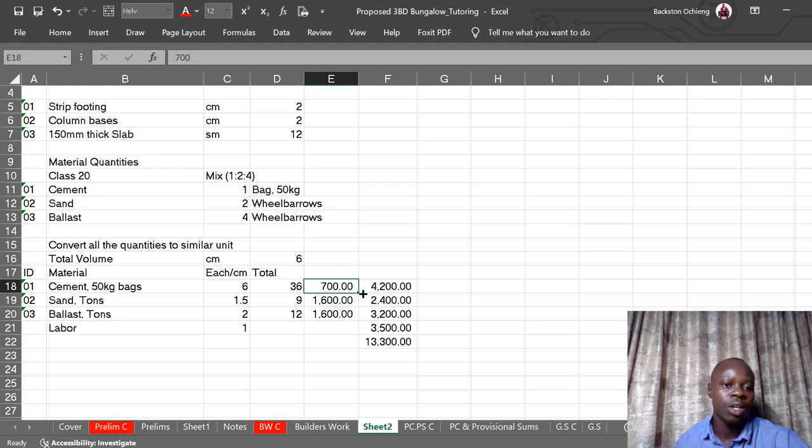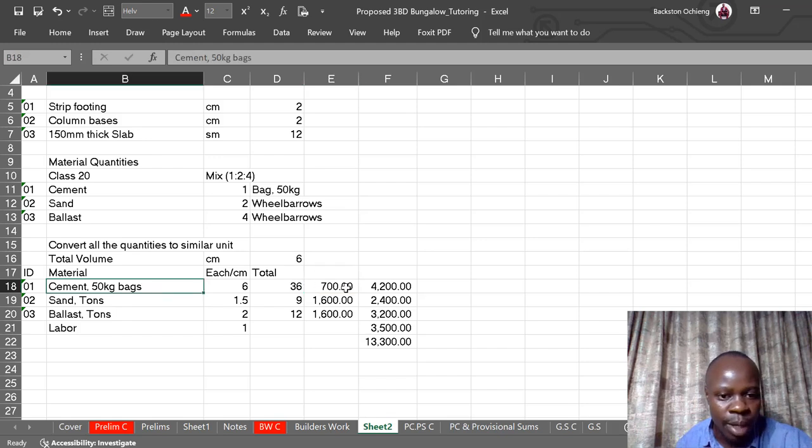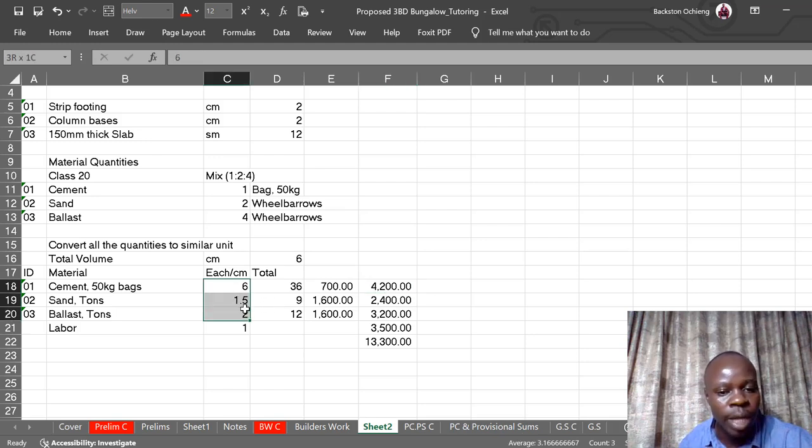For instance, a bag of cement takes 700 shillings, a ton of sand around 1600, ballast around 1600. Then you multiply by the quantities of each of those items for every cubic meter. Then you get this breakdown.